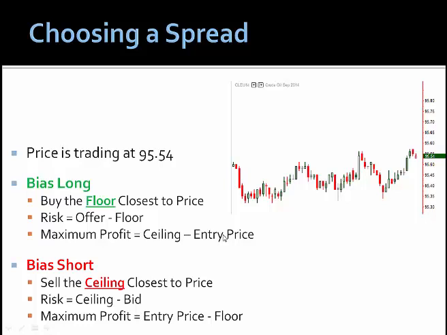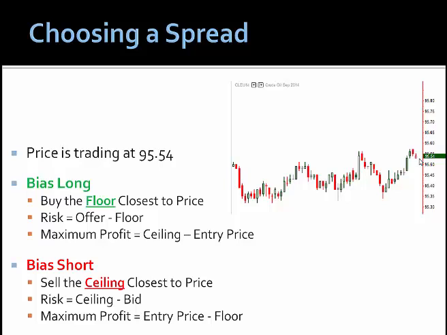Now please take into consideration it will not get to the ceiling every time you enter a spread, but this is what defines the maximum profit potential.